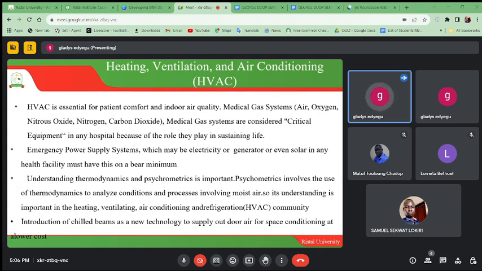So that is in relation to heating. Then for the case of ventilation, we need fresh air in our rooms, and we need good ventilation. When you talk about air conditioning, we have different air conditioners that we can apply in the different rooms. And for the case of the labs, we need them because they can help regulate the temperatures of our machines, since they are running every time that we are using them.